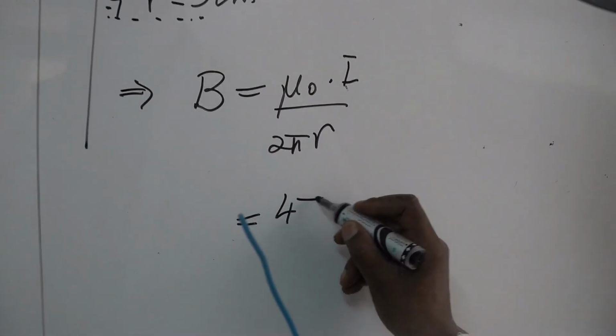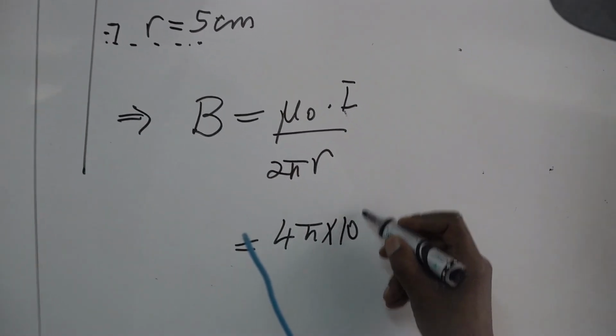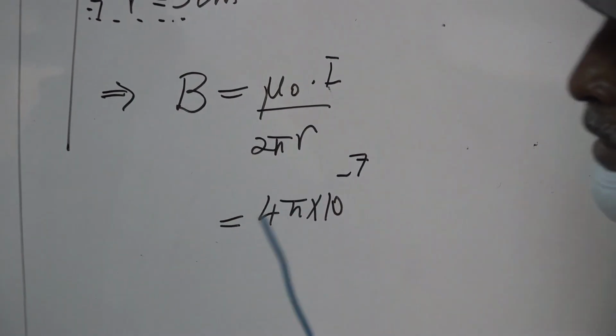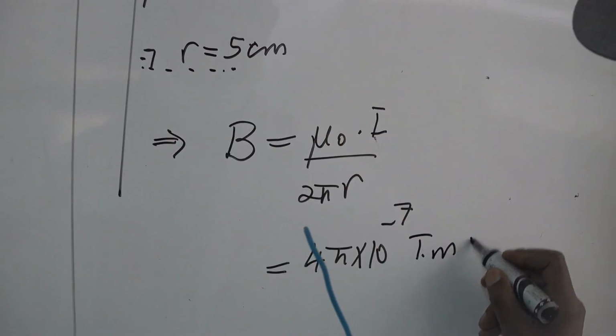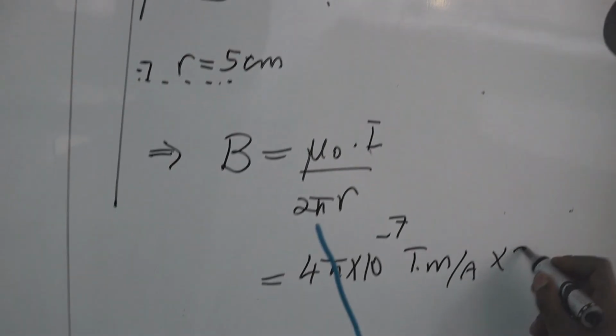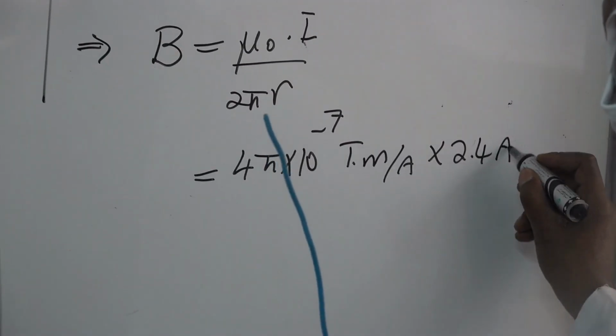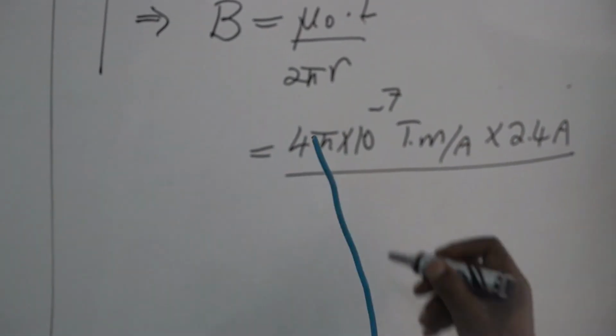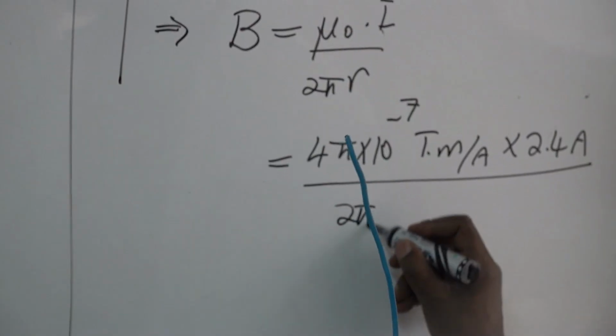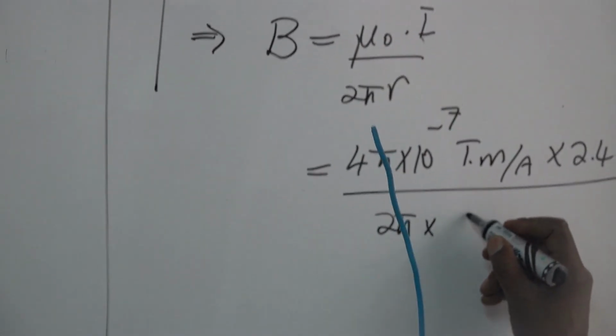Substituting, you get 4 pi times 10 to the power of minus 7. It's in SI units, Tesla meter per ampere, times the current, 2.4 ampere, divided by 2 pi r, 2 pi times 5 centimeters.